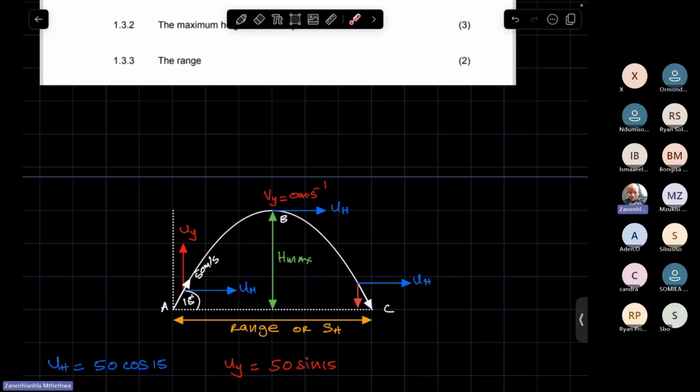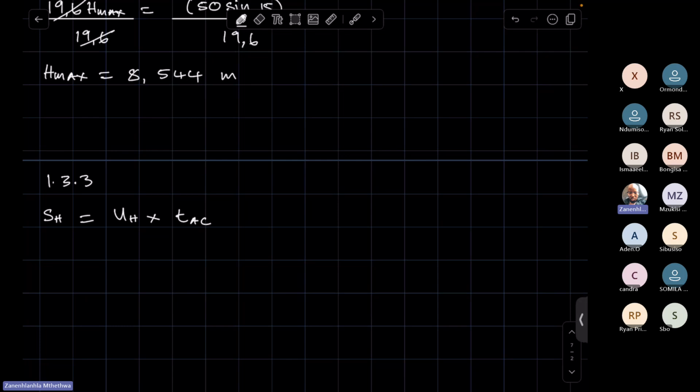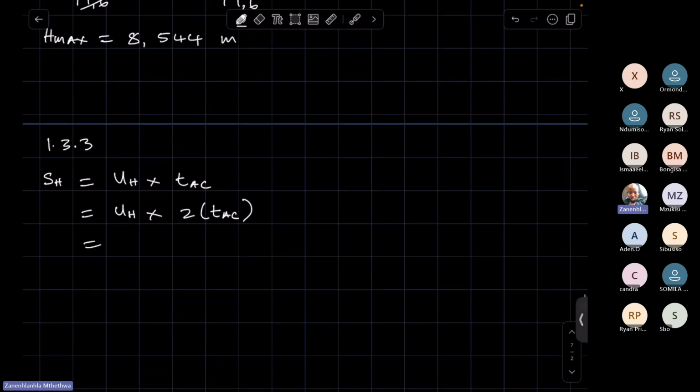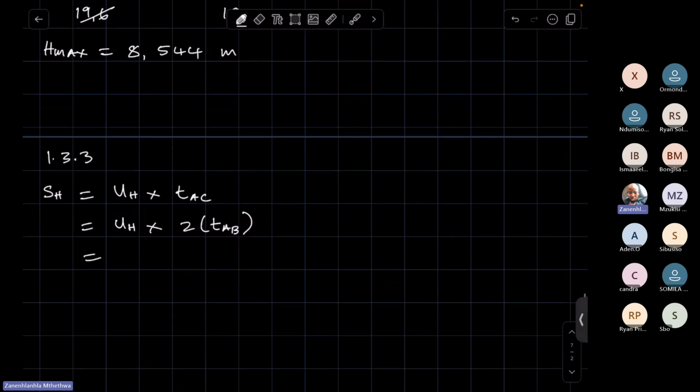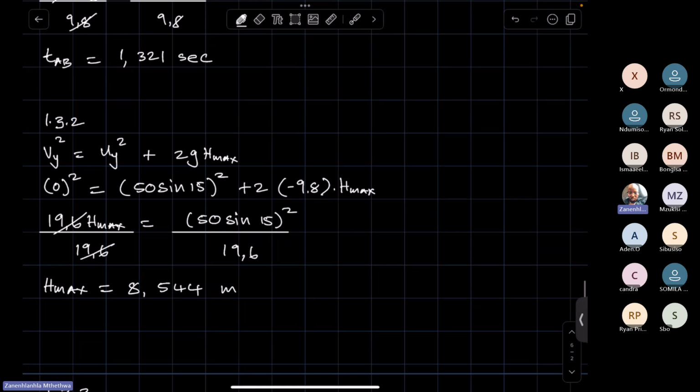So this is essentially equal to UH times 2 times TAB, and we've already calculated TAB. So UH is 50 cos 15 times 2 times TAB, which we got as 1,321.